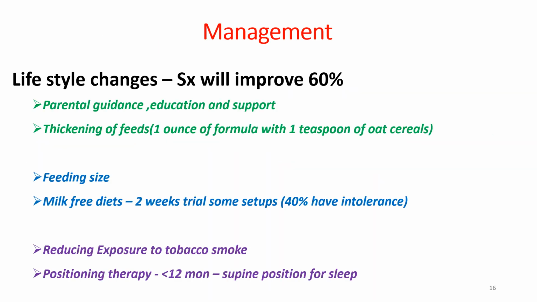When we come to management of gastroesophageal reflux disease, lifestyle changes will improve symptoms in sometimes 60% of them. Those lifestyle changes include dietary modification, such as avoiding reflux-inducing foods for children and normalization of feeding techniques, volumes, and the frequency in infancy. Decrease the volume of the feeding and make it more frequent.